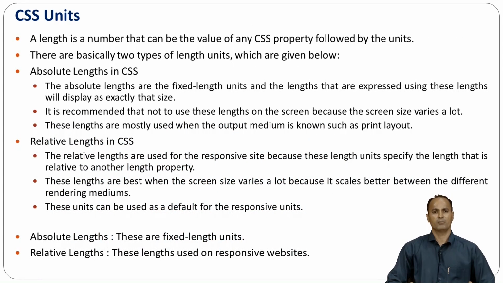A length is a number, which can be the value of any CSS property, followed by the unit. There are basically 2 types of length units: absolute length in CSS and relative length in CSS. Absolute length defines fixed length units, while relative length is used for responsive websites. That means these lengths are used only for responsive websites.